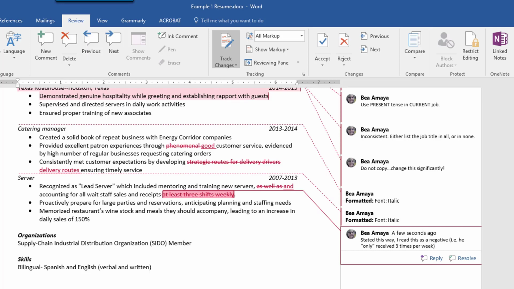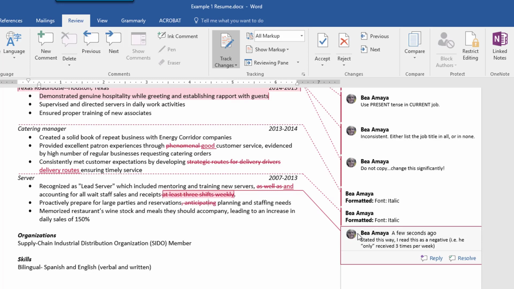Okay, by leaving it off, you are not lying, you are not misrepresenting, but without putting that on there, let them think that you handle the receipts and sales staff data every night. I would leave it off. Let them ask that question. You don't need to point out the limitations here. Okay, proactively prepare for large parties and reservations. Anticipate planning and staffing needs. That's a little wordy as well.